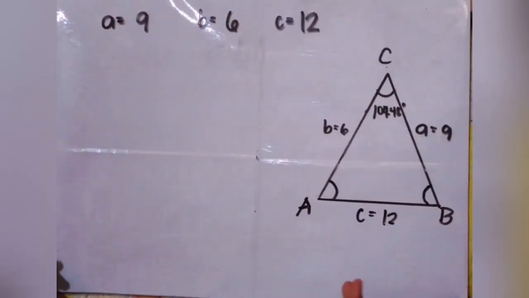Next, we are going to use the law of sines to find either of the two remaining acute angles.